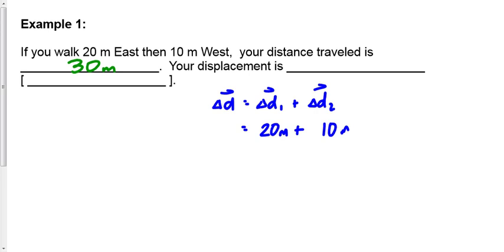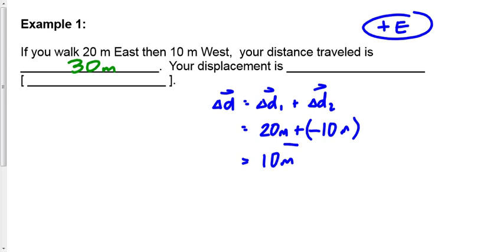Yeah. Let's make east positive. And if I do that, then displacement number 2 becomes negative because it's west. 20 plus negative 10 gives me 10 meters. But it's positive 10. So my displacement is 10 meters to the east, somebody said.